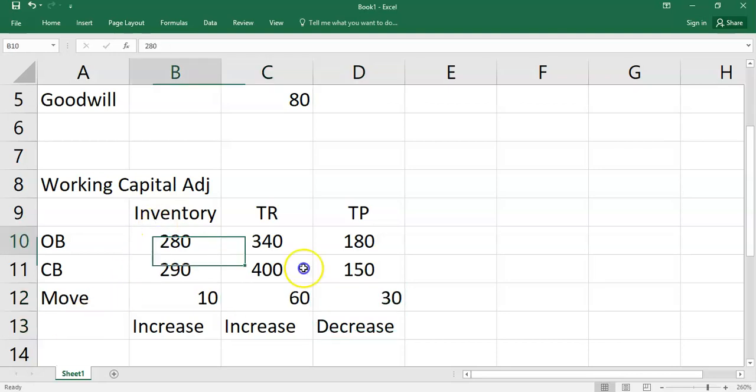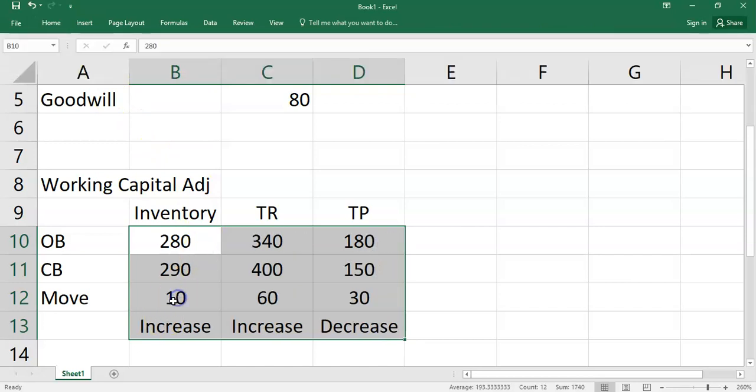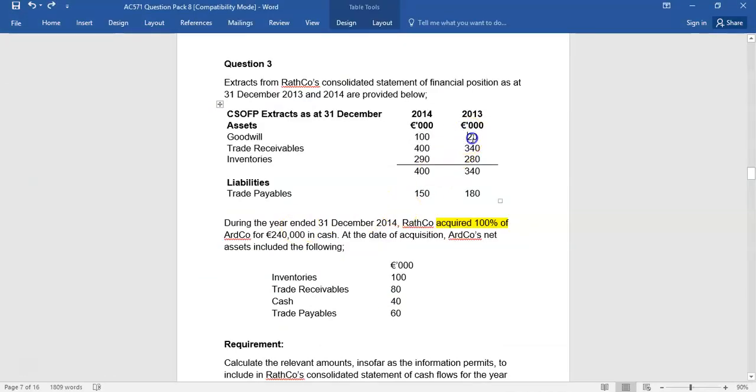And usually that's what we would do in terms of bringing those adjustments in, saying whether this is good or bad for cash flow, and putting it into our working for cash flow from operating activities. The problem is here, if you go back, the opening balances for all these items exclude Ardco, because Ardco was only acquired during the year.